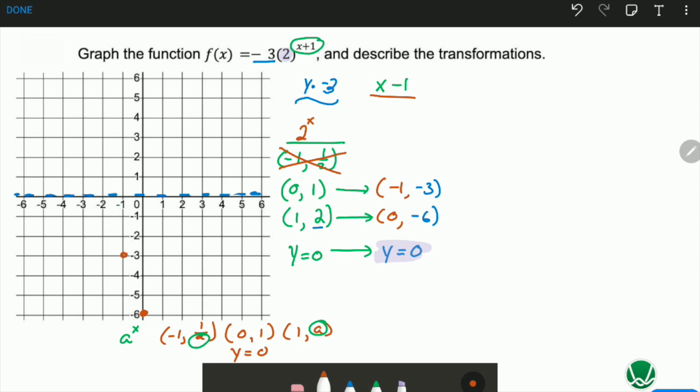So now to draw the shape in, what I usually do is I look for which of the two reference points is closer to the asymptote. In this case, this one is the closer one. So I will start on the left side of my graph. I will hug the asymptote, curve through the points, and off the graph.